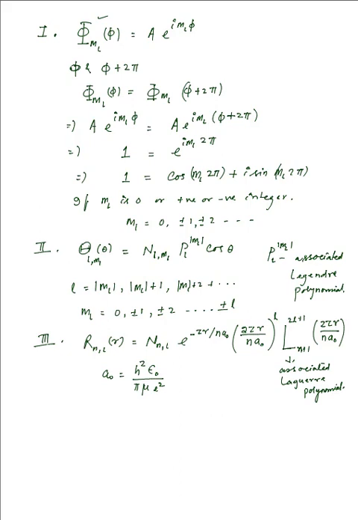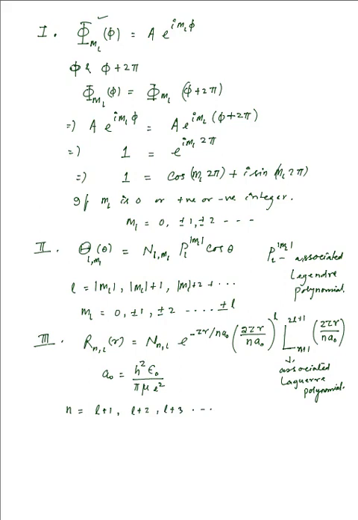Now the above solution is acceptable only if the constant E is positive or has one of the negative values E n, which corresponds to the bound state, which we had obtained in the Bohr model. Now for that, n will be equal to L plus 1, L plus 2, L plus 3, and so on. So it must be equal to or greater than L plus 1.